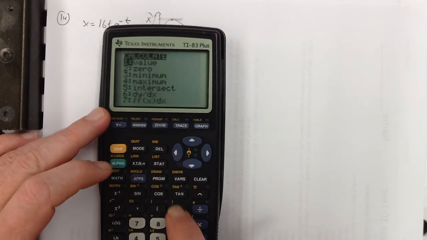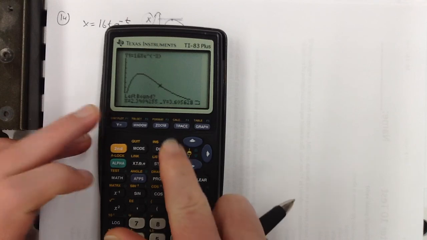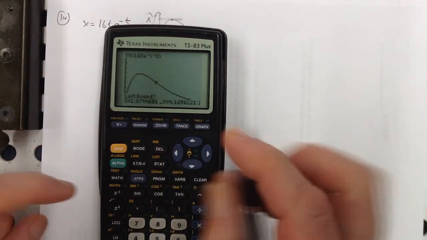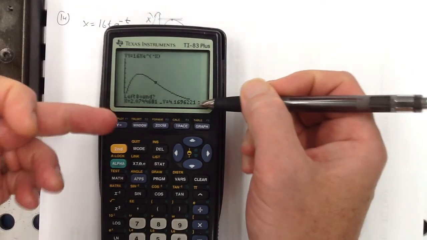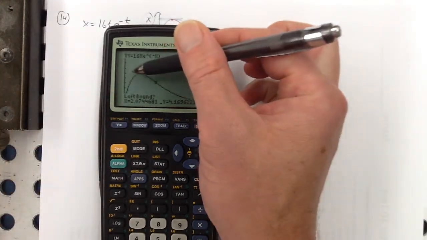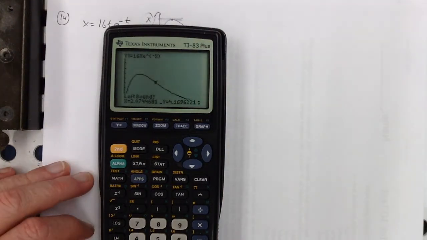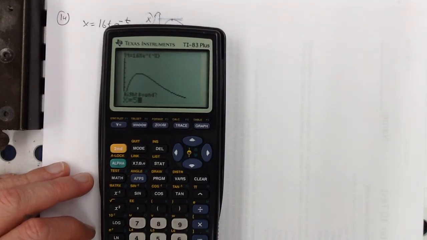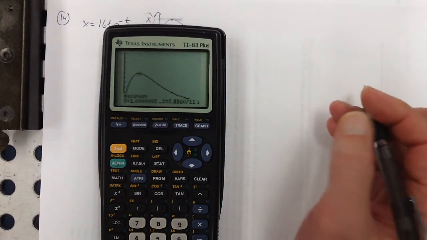So second calc, you've done this before, maximum, and then you have to do the little left bound, right bound game. Did you know that you don't have to move the cursor around? You can actually type in your left bound and right bound. I set my window from 0 to 5, and my maximum right there is definitely in between 0 and 5. So I'm just going to type those in. 0, 5. I hate playing that game with the cursor. It makes me crazy.